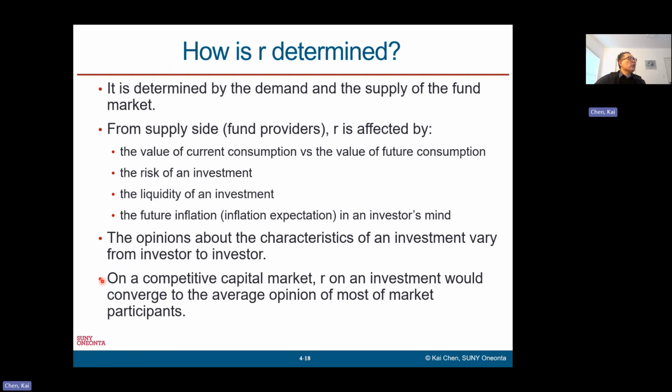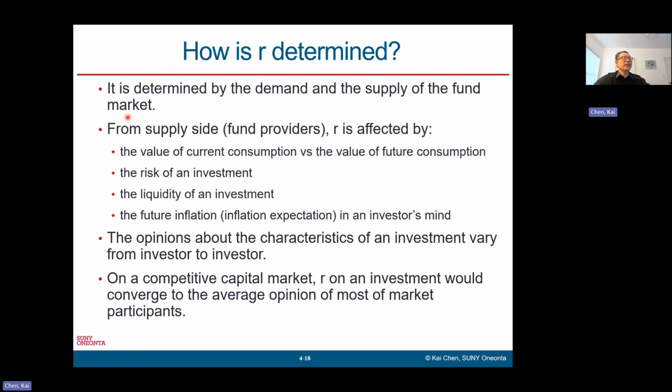Then, before we move on, I also like to discuss how R is determined. The R is determined by the demand and the supply of the fund market or the capital market. In economics, we have learned this, right?